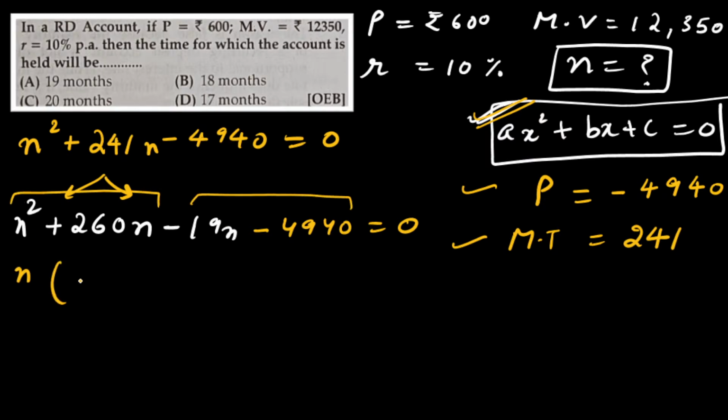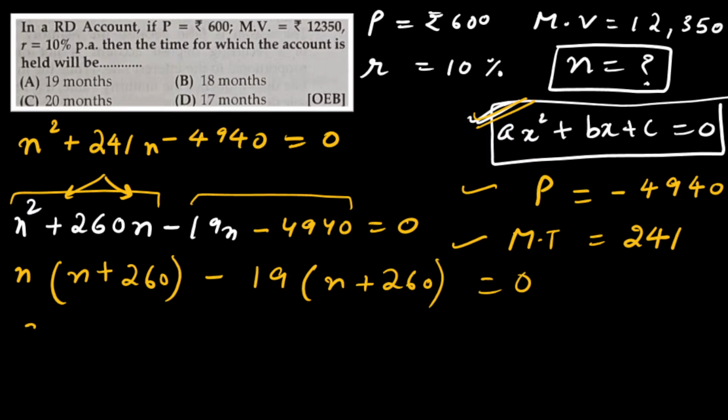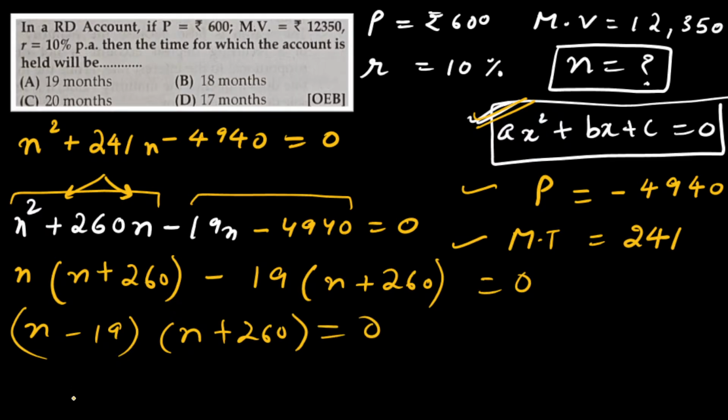So n I'm just going to take common, n plus 260; minus 19 is common here. Same thing, you will get n plus 260 is equal to 0. So (n minus 19)(n plus 260). If you solve the value of n, you will get n is equal to 19 or negative 260.